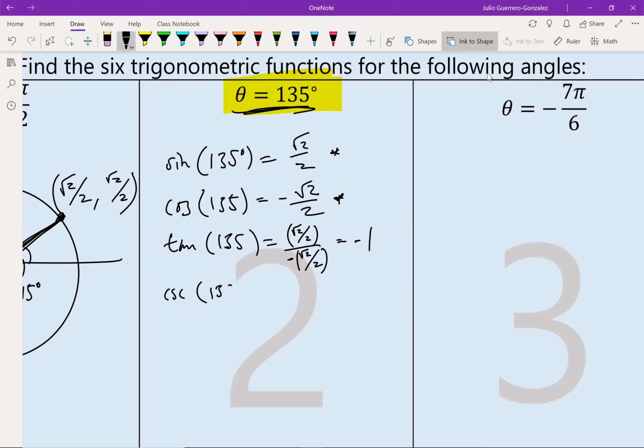Cosecant of 135 degrees is 1 over sine. So that's going to be 1 over root 2 over 2, and if you do this right, square root of 2.